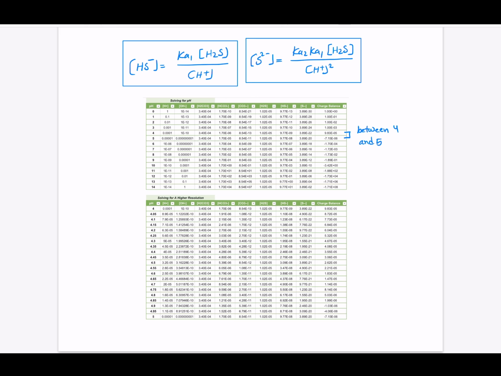And here is changing right here between 4.85 and 4.9. So the pH is roughly 4.85 for this system that was basically pure water, but was exposed to two acidic gases, CO2 and H2S. So the pH was eventually 4.9.